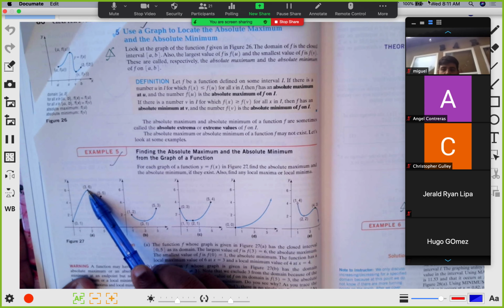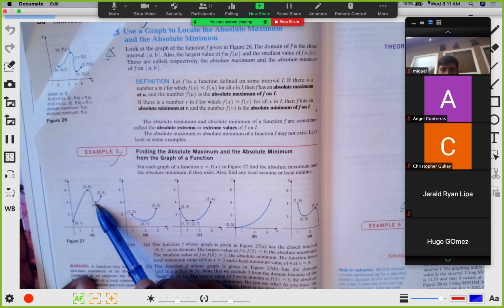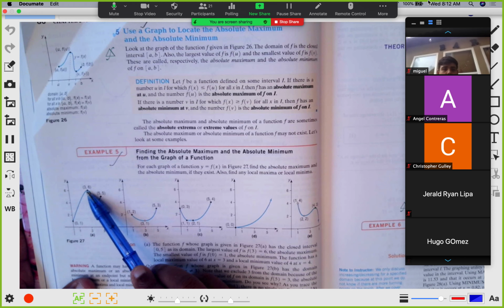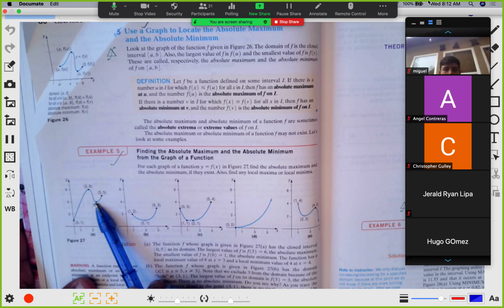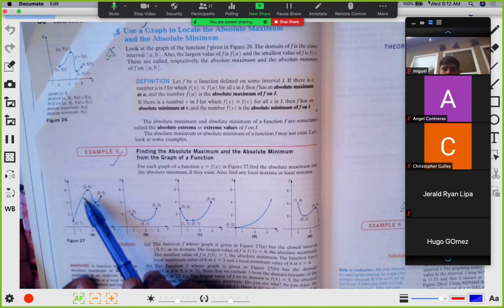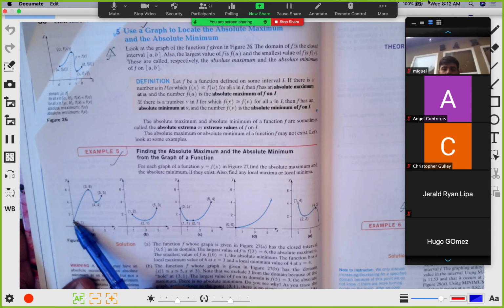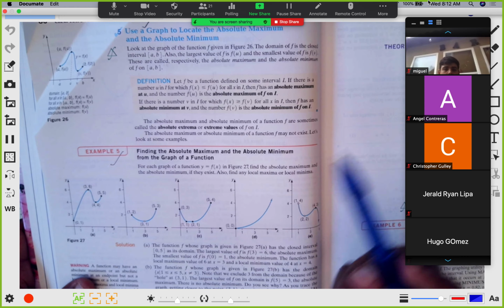This is minimum, and this is maximum. Remember, the top of the hill is always maximum, and the highest hill will be the absolute maximum. And the bottom is minimum, and the lowest of all of them will be the absolute minimum. Did you get it? Yes. Thank you.